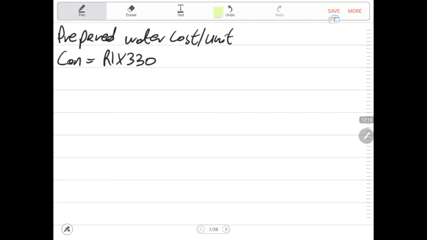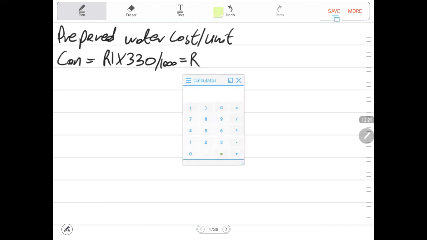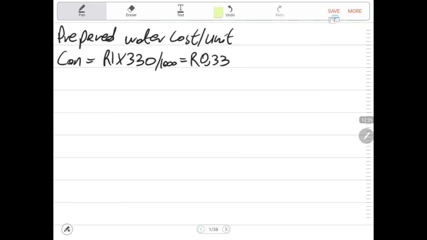The price that we'll get will be in milliliters. Then we divide this by 1000. It will give us the cost per unit. We say 1 times 330 divided by 1000. Remember, there are 1000 milliliters in 1 liter. That means it will be 0.33.